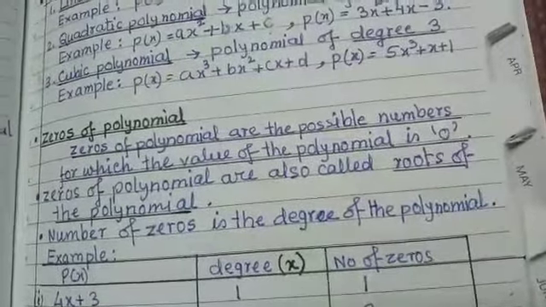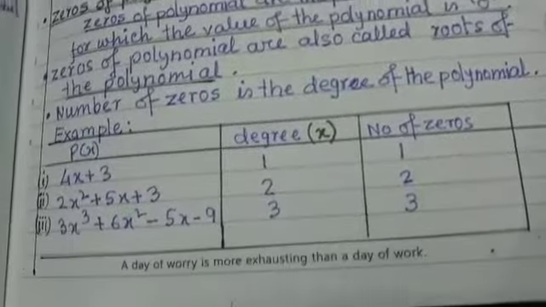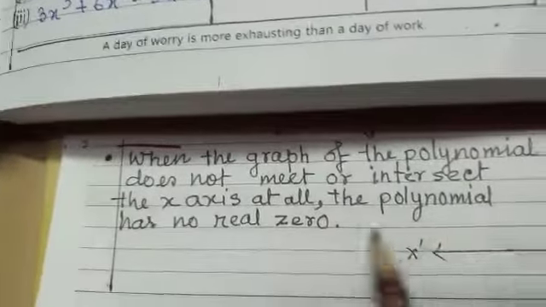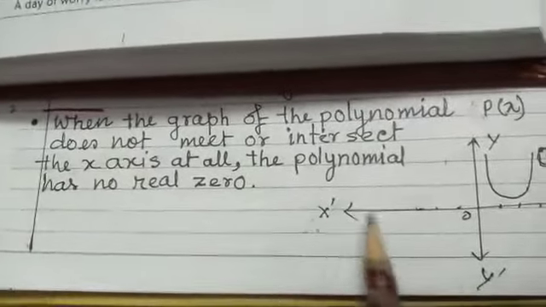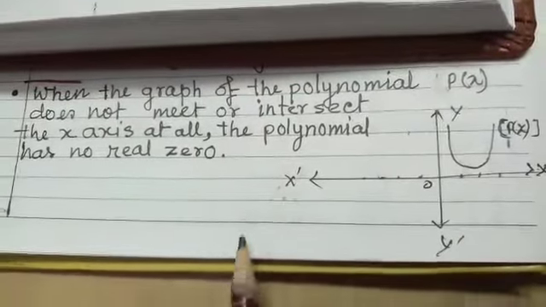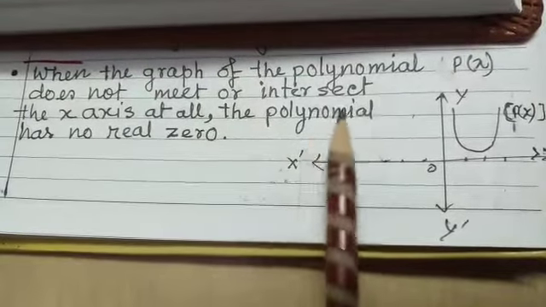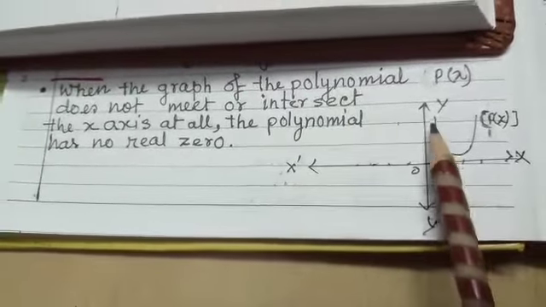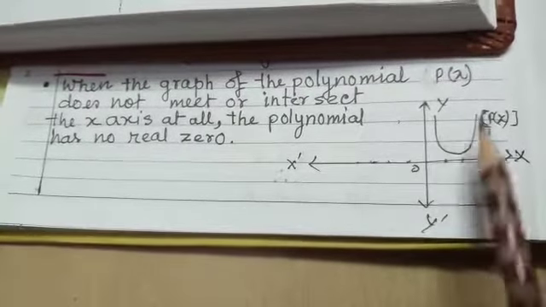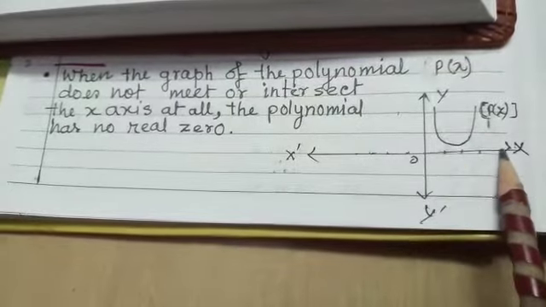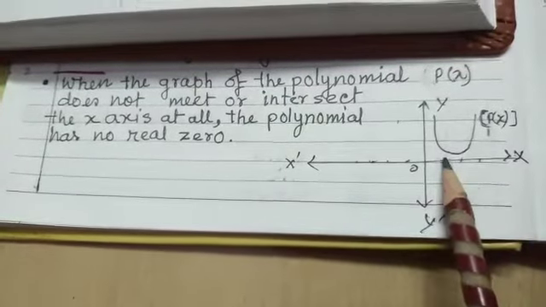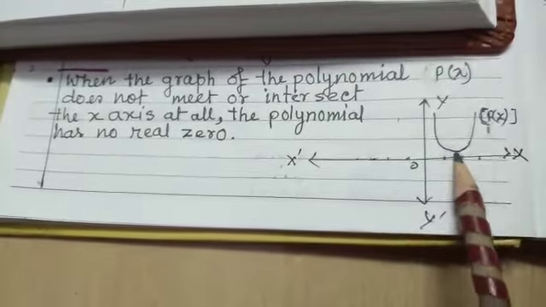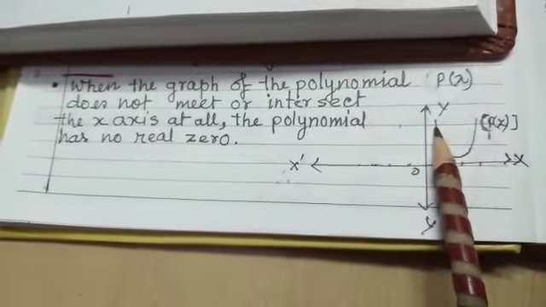Next, when the graph of the polynomial p(x) is given, graphically we can find out how many zeros there are. Now see here, this graph is not touching the x-axis, so there is no real zero for this graph.